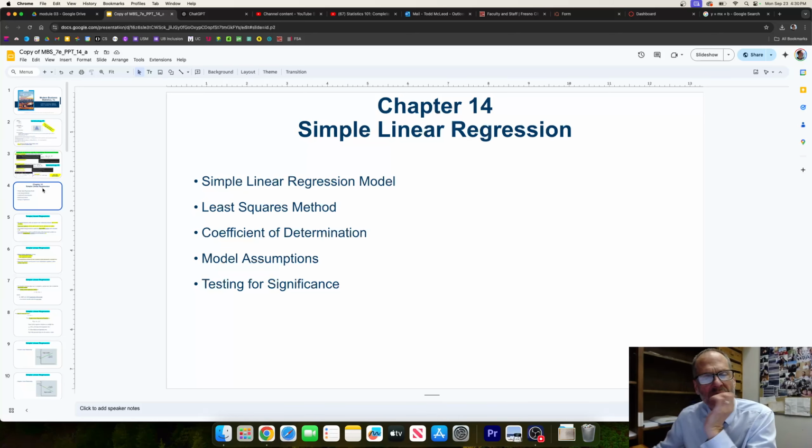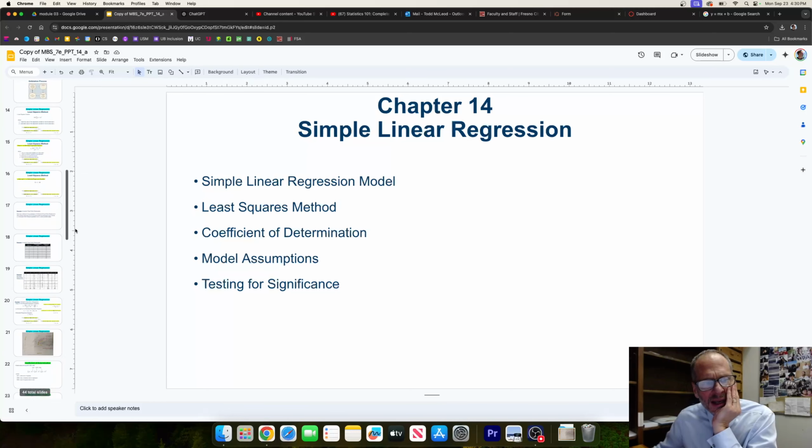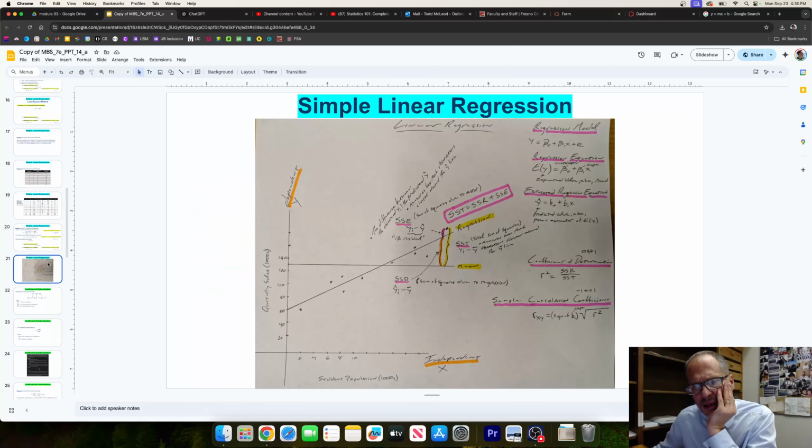But if we decide to go a little bit further, beyond what is required for the class, there is testing for significance, and you could test to see what that error looks like, and with what level of confidence I could say this is a true estimation of what is actually occurring in the population. My sample's an estimation of what's occurring in the population. And so that's my little way of explaining regression.